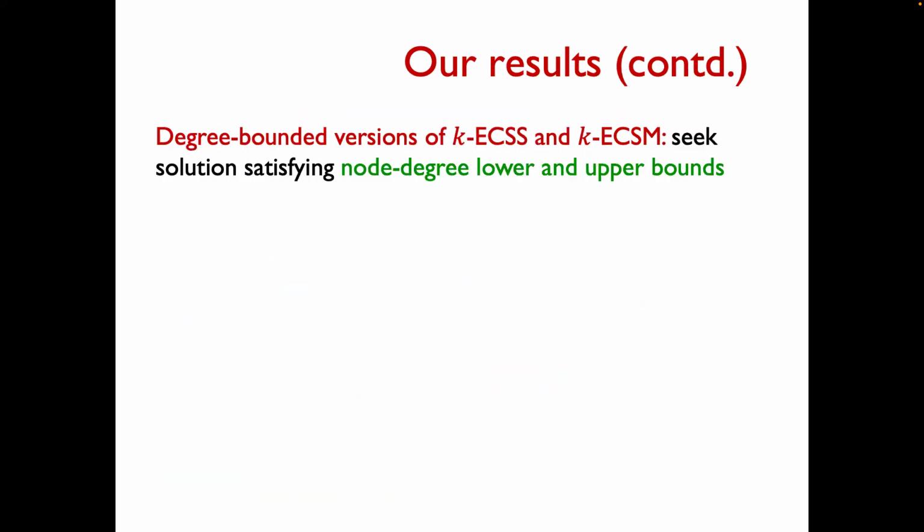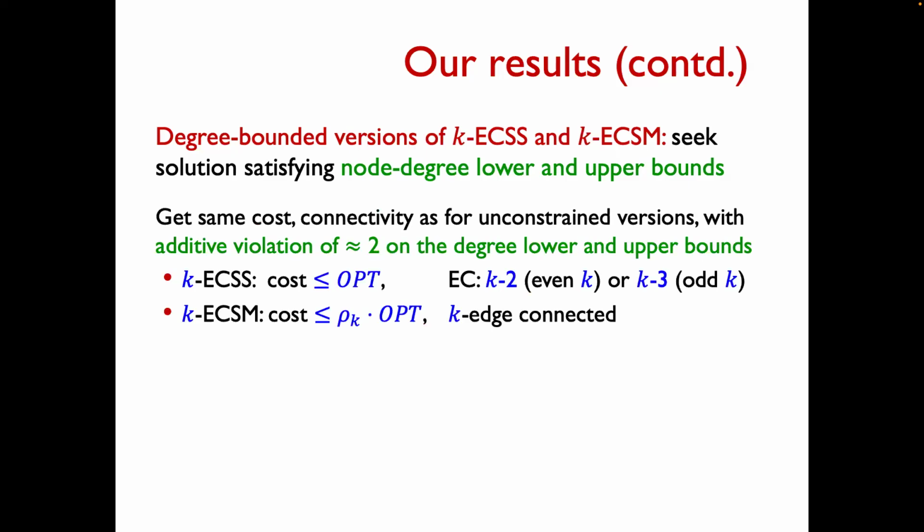Okay. So we also studied the degree bounded versions of these problems, where we want again the same kind of solution with the same connectivity properties, but now you could impose degree lower and upper bounds. There has been work that looks at degree bounded network design problems, more general network design problems.